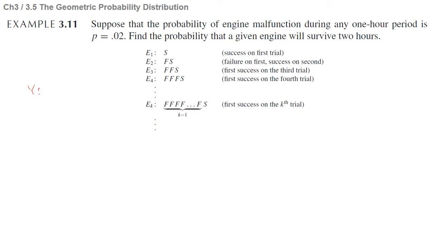Our Y would be the number of periods, the number of periods to get the first success.